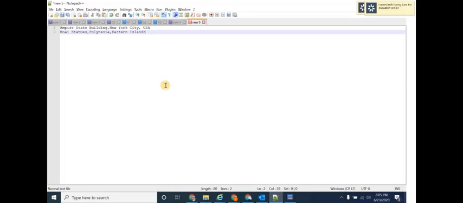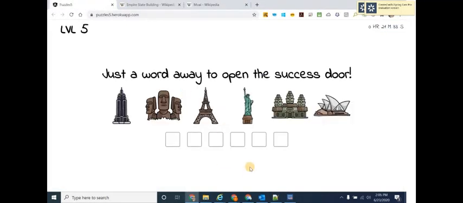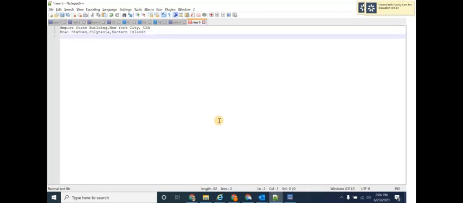So next, we are all familiar with this structure, and this is Eiffel Tower in Paris in France. No need to Google Lens it.